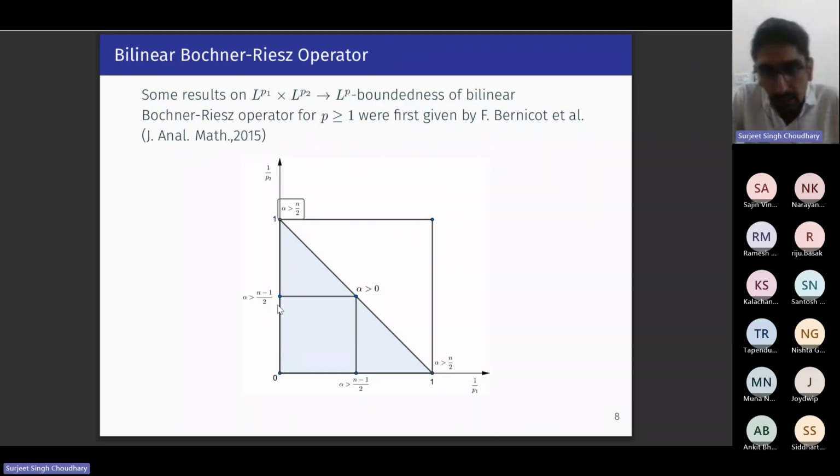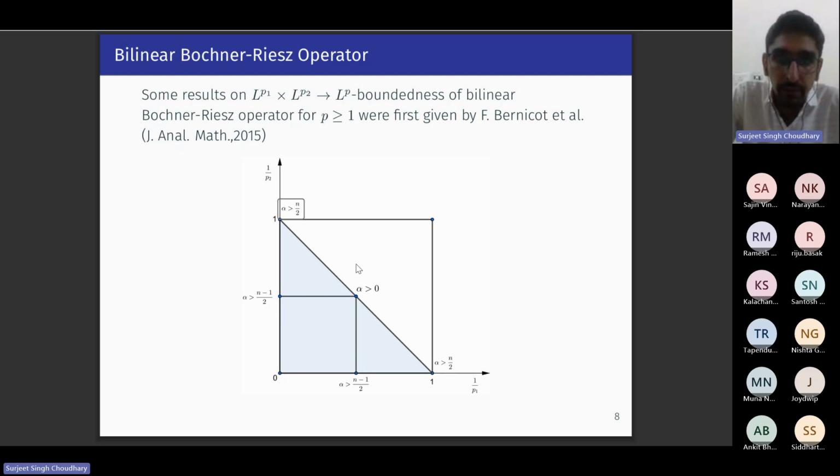And then interpolating these boundedness results, we can obtain boundedness in the triangle in the shaded region. I'd like to point out here that if any exponents p1, p2, p lie inside this shaded triangle region, then we will always have p bigger than or equal to 1.